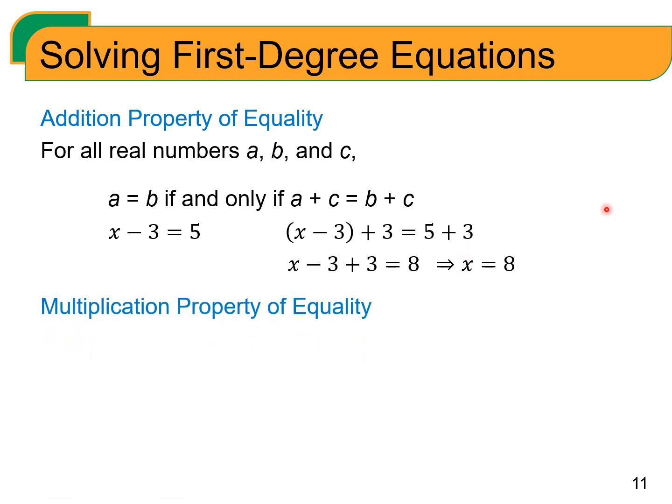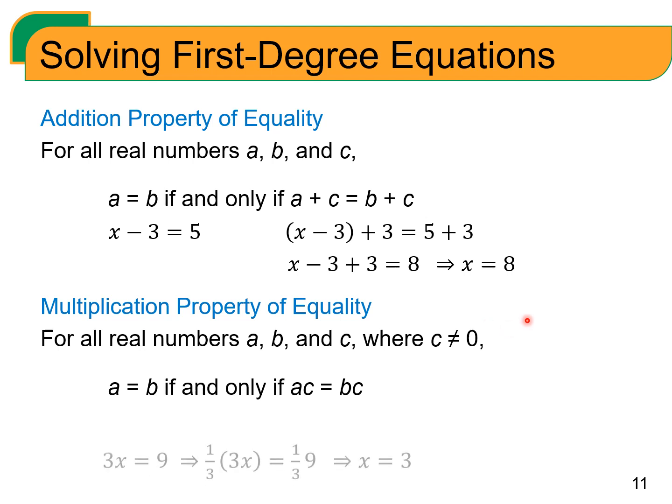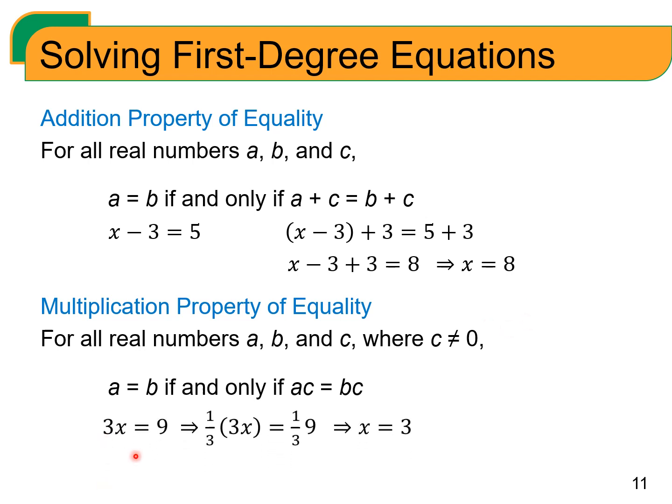Also, we have the multiplication property of equality, meaning you have 3 numbers, A, B and C, just make sure C is not 0. If A equals B, then A times C equals B times C. Of course, C can be 0 because anything times 0 equals 0 anyway. So, for example, 3x equal to 9, we will strategically multiply both sides by 1/3.